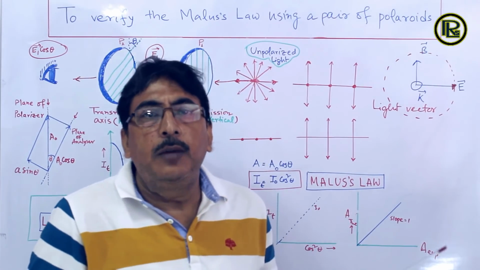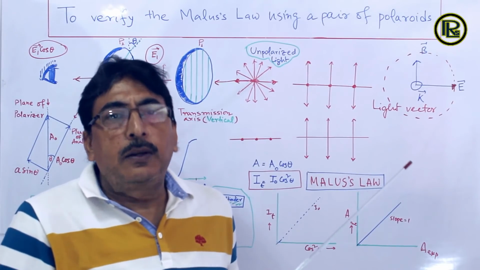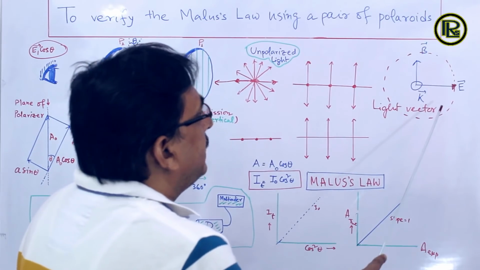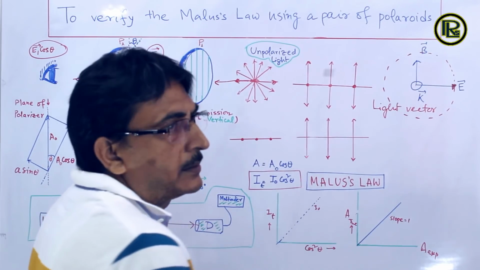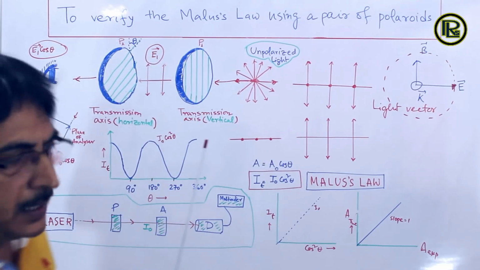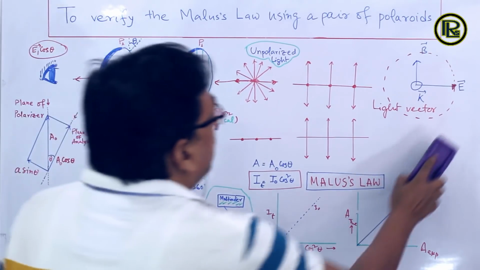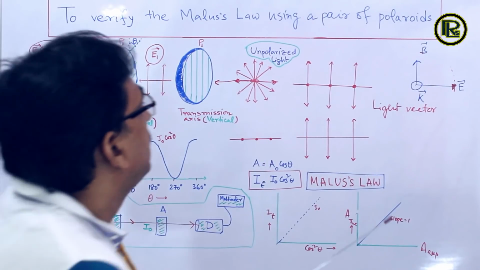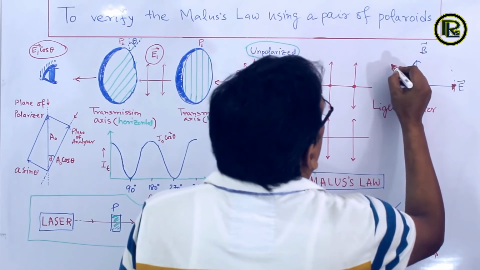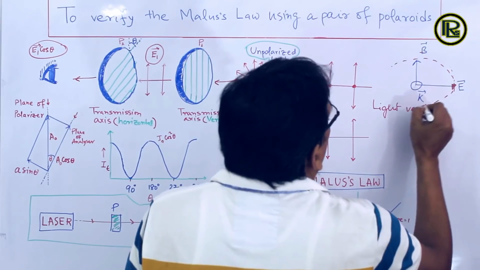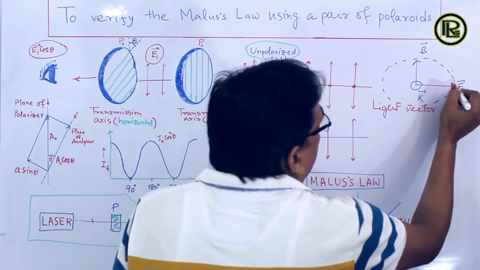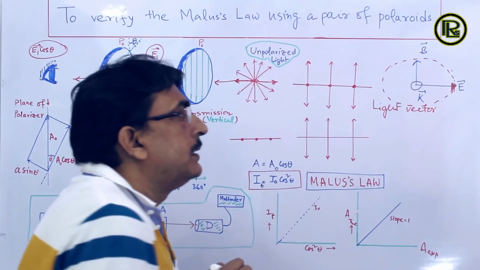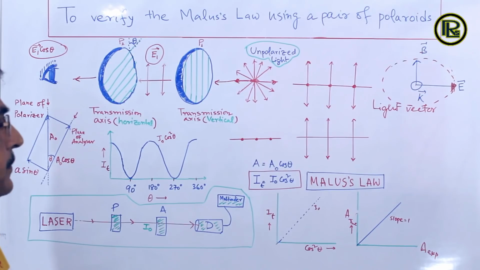Then this type of light is called circularly polarized light, and this rotation may be in the anticlockwise direction or in the clockwise direction. Similarly, if this electric field rotates and the tip of the electric field traces out an ellipse, then elliptically polarized light.